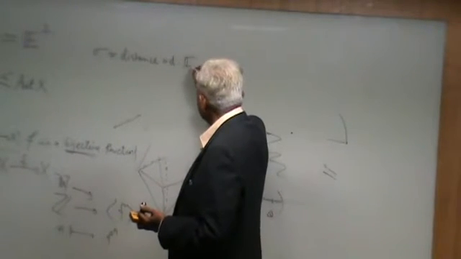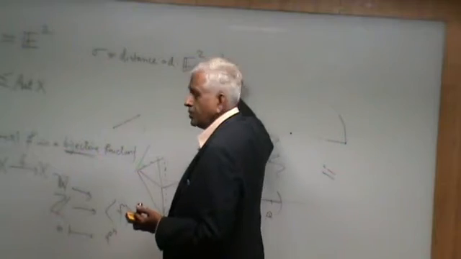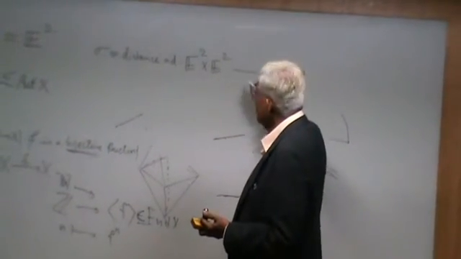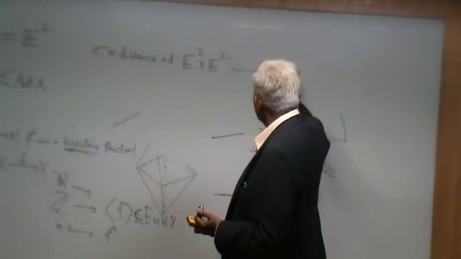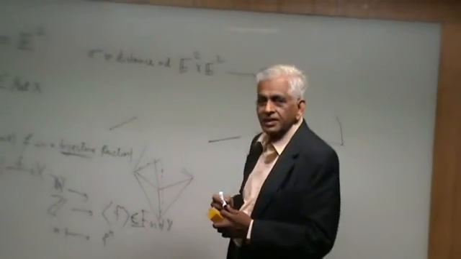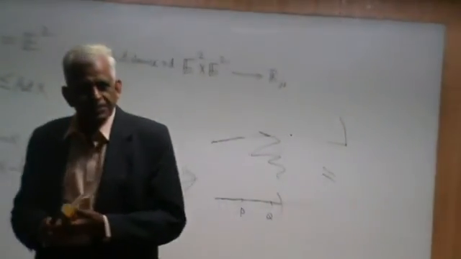So this is a function from E2 cross E2. And what is its image? Non-negative real numbers. And it satisfies some additional properties, and so on.